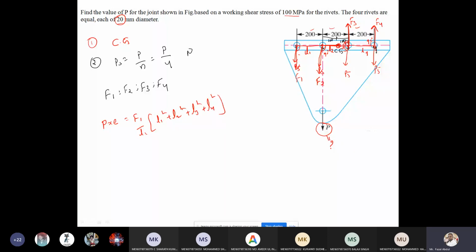So we are adding all the turning effects to make the whole turning effect. P value we don't know, keep as it is. E is the distance between the applied load axis and the central axis. How much? 100.